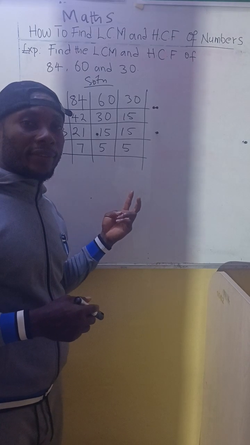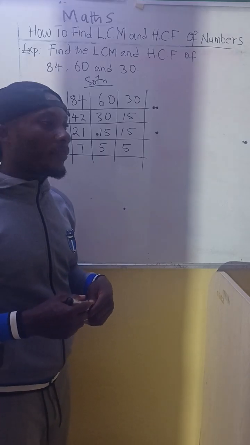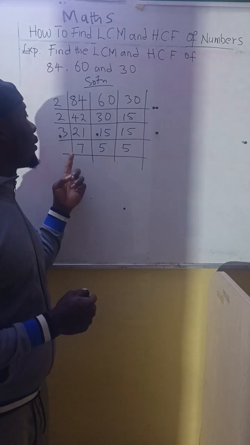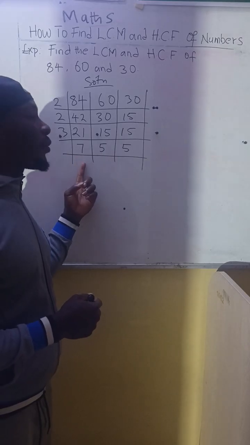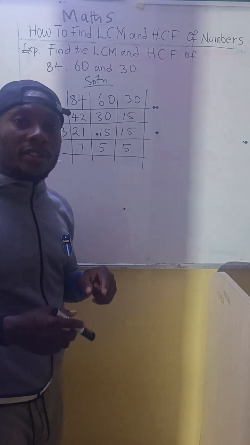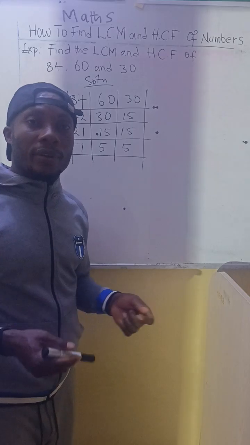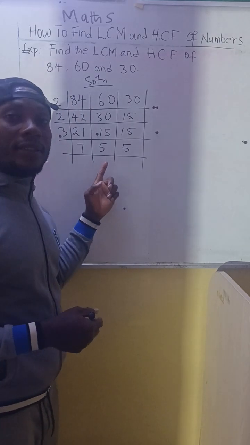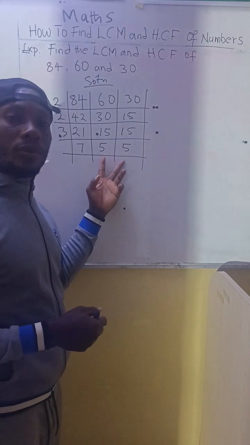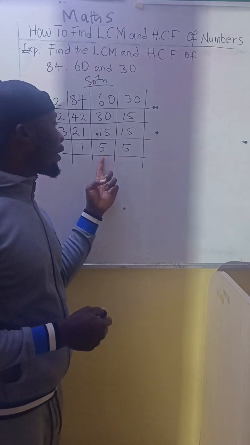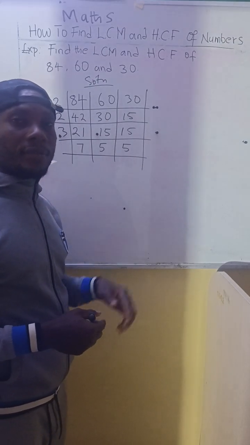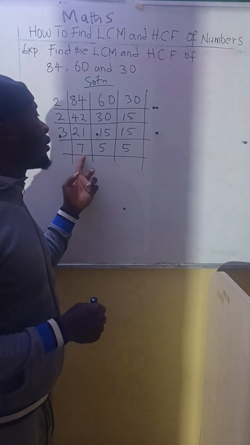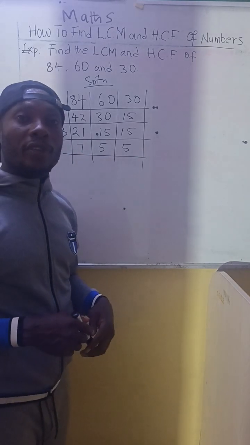At least 2 numbers. If you say 7 should divide, 7 can only divide 1, which may not be wrong. But if we use 5, 5 can divide 2 numbers, this 5 and this 5. But it does not mean that if you use 7 to divide through, it's wrong.